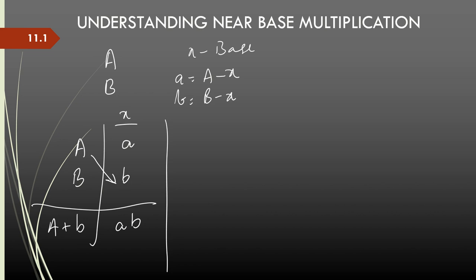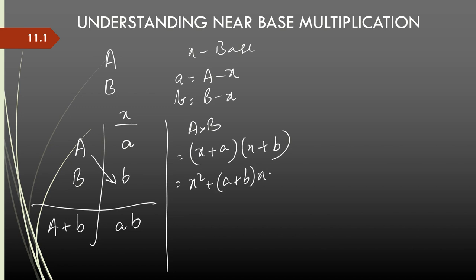So if I was multiplying A and B algebraically, A into B is the same as, in this case, x plus a into x plus b. That's the same as x square plus (a plus b) into x plus ab.